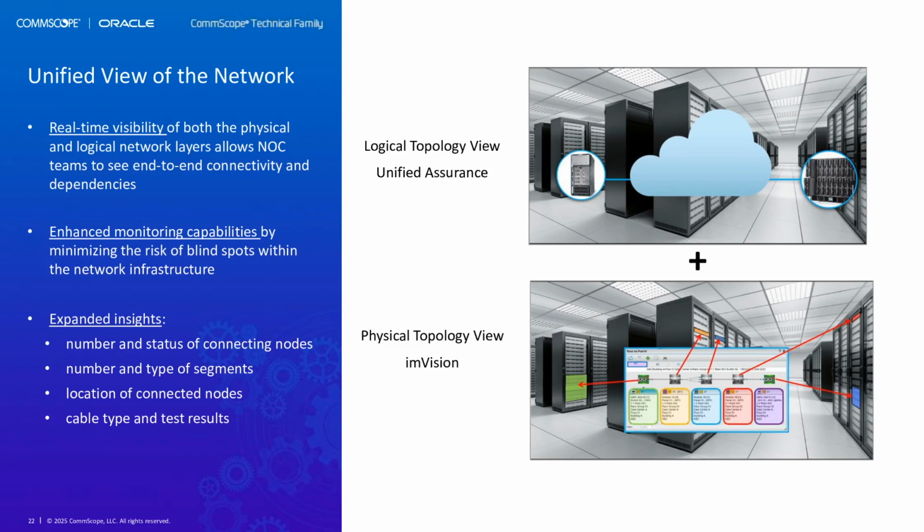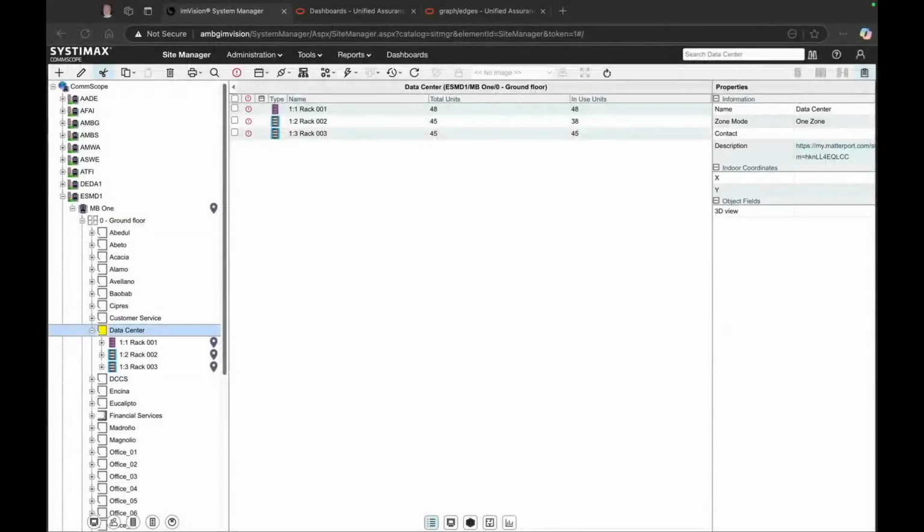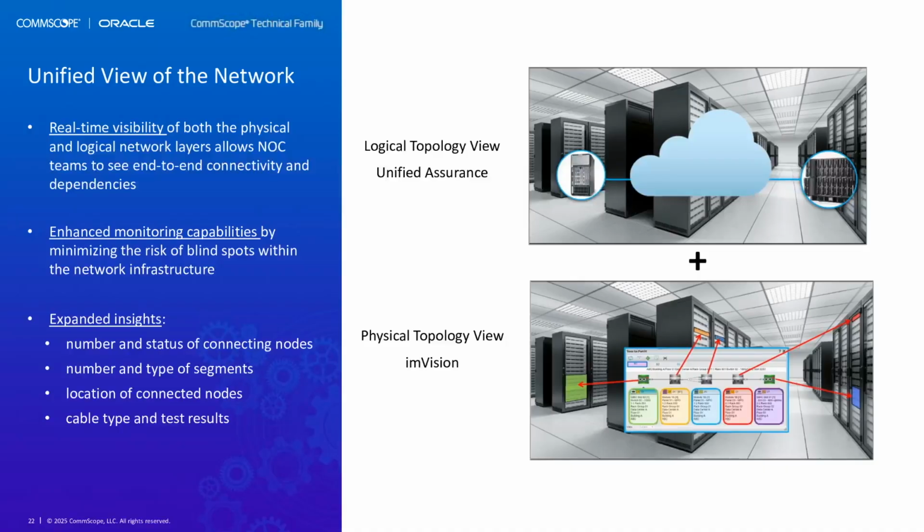of the network infrastructure. Additionally, information from imVision related to number and status of connecting points, physical connecting points, number and status of a type of segments, whether it's a cabling segment, whether it's a patching segment, also location of connecting nodes, right? The location is very critical part of network monitoring.